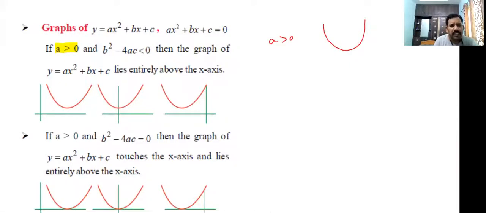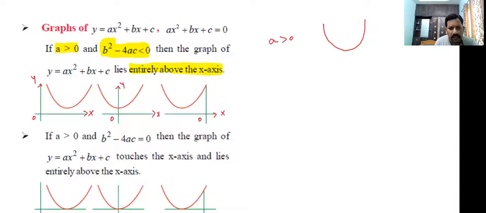If a greater than 0 and discriminant is less than 0, b square minus 4ac, then the graph of ax square plus bx plus c lies entirely above the x-axis. See the diagrams here. There are three diagrams. This is x-axis, this is y-axis, origin.